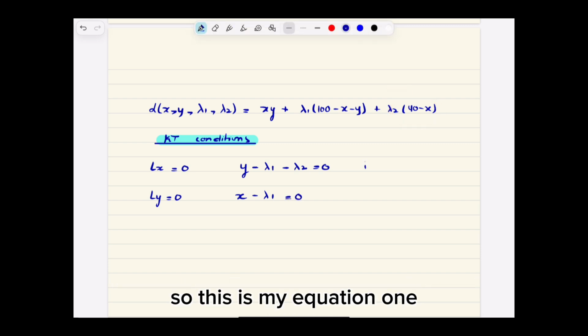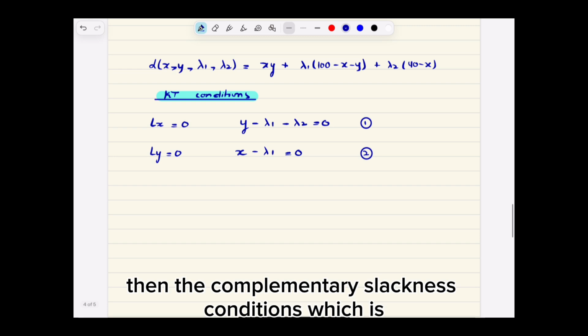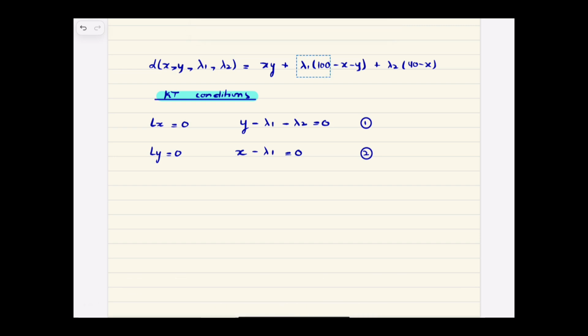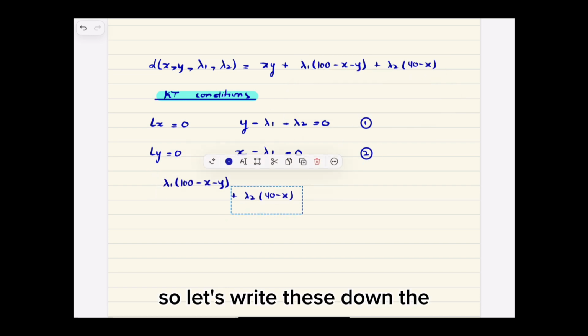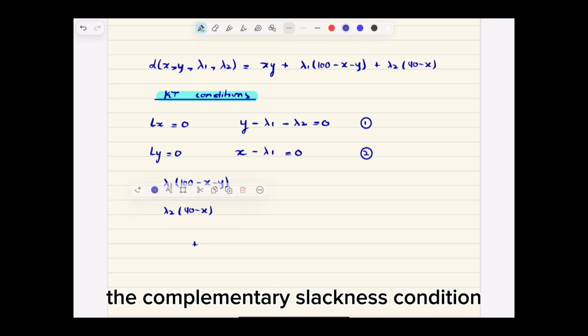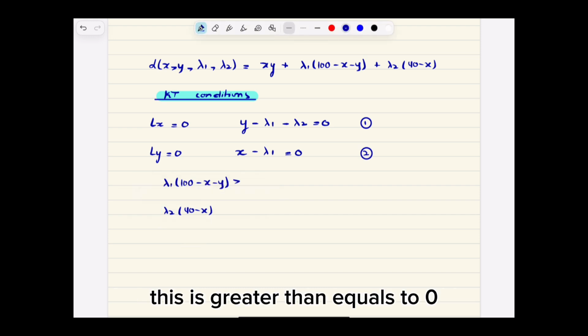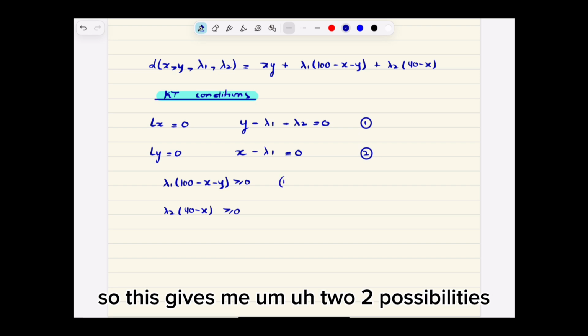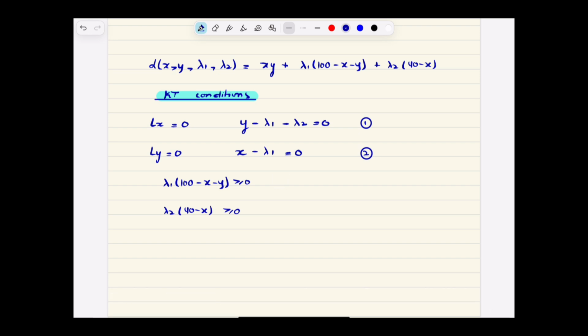So this is my equation 1, this is my equation 2, and then the complementary slackness conditions, which are these two. So let's write these down. The complementary slackness condition, this is greater than or equal to 0, greater than or equal to 0. So this gives me two possibilities.